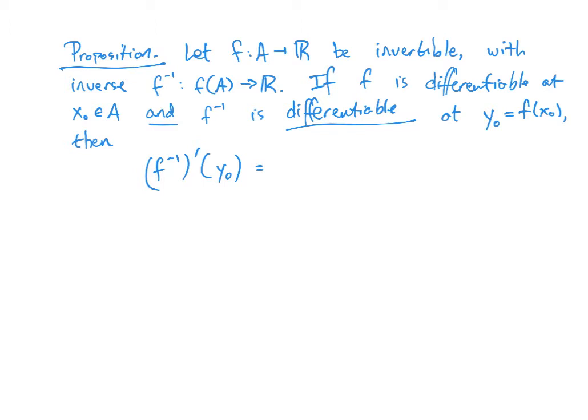Anyone else, or anyone who's read ahead? Fine, I'll just give you the answer. It's 1 over the derivative of f. But notice that these two derivatives are taken at different places, right? We're talking about the derivative of the inverse at y naught, and we're talking about the derivative of f at x naught.